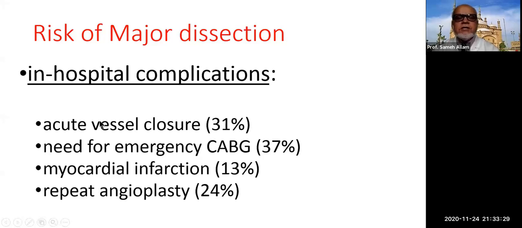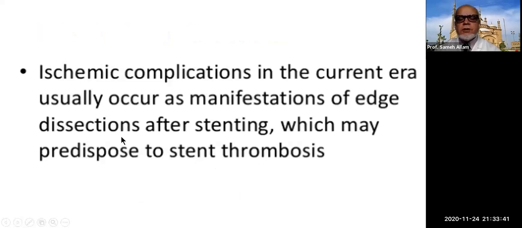Major dissections may cause in-hospital acute vessel closure in 1/3 of the cases, need for emergency CABG, myocardial infarction, and repeated angioplasty, these 4 with major dissection.